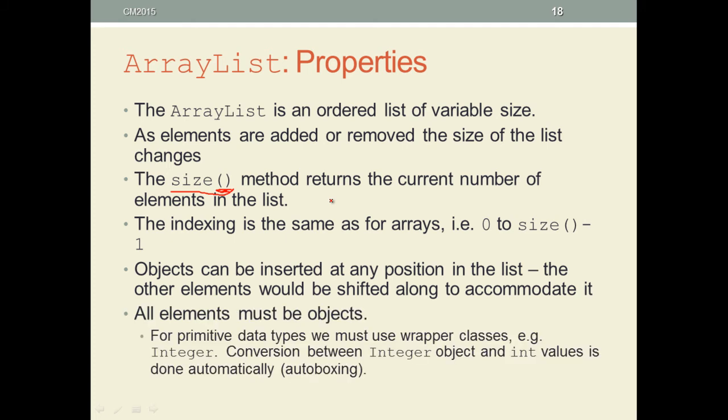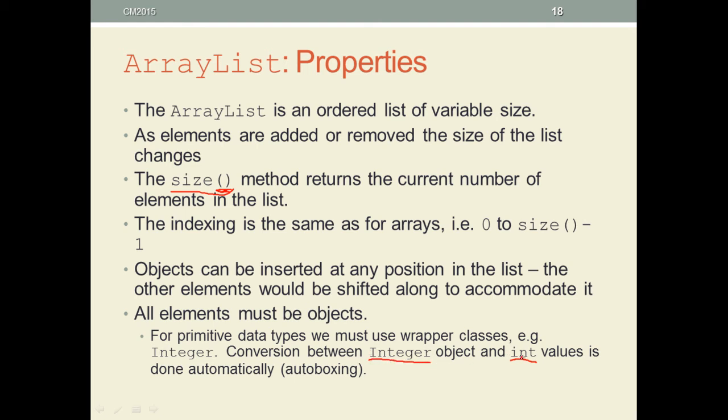One of the things I've said up to now is that when the object is added, you can't actually store primitive data types in an array list. You need to store objects. But there's a useful feature in Java called autoboxing, which will convert an int value into an Integer object.